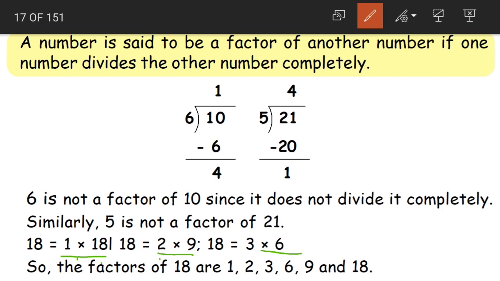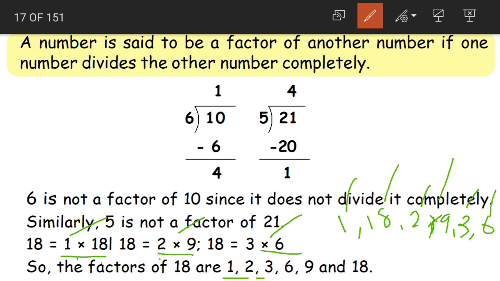But when you are writing the list of factors, children, make sure that you write all the factors in ascending order. It will look very nice, and that is the procedure for writing. We have 1, 2, 3, 6, 9 and 18.